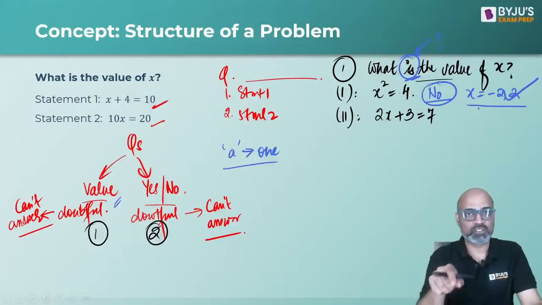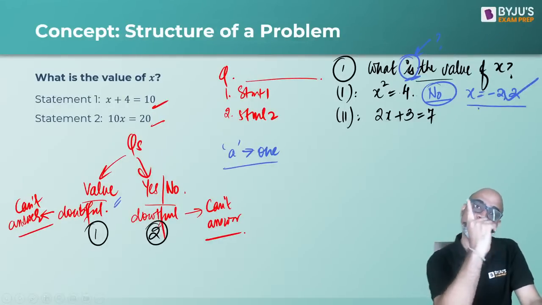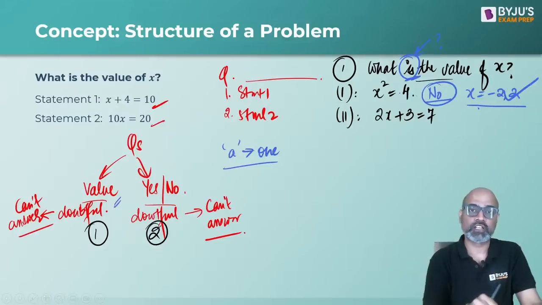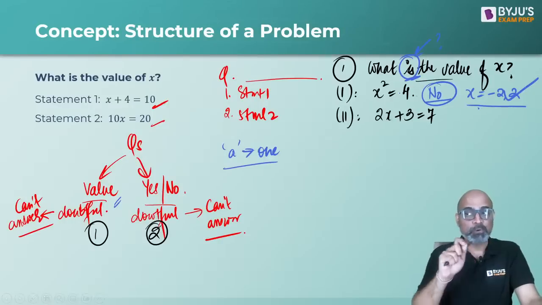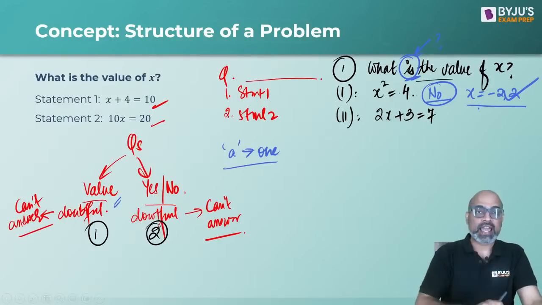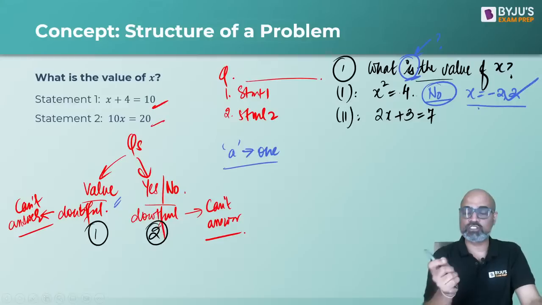Can you solve this? No. Question was, what is the one value of x that will solve it? You are like 2 or minus 2. Nahi chalega. I asked you one value. Why are you giving me 2? Is this part clear? So you have to read the question very carefully. The pronouns and the ranking and the fractions, these all are very important.